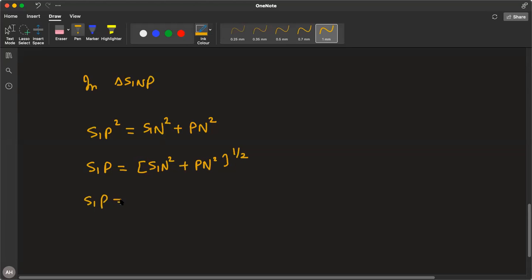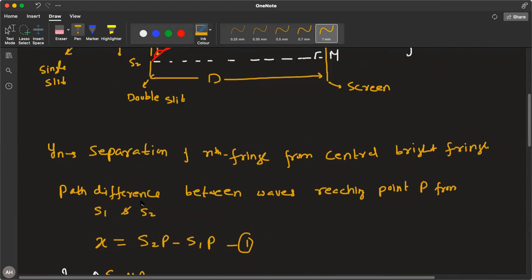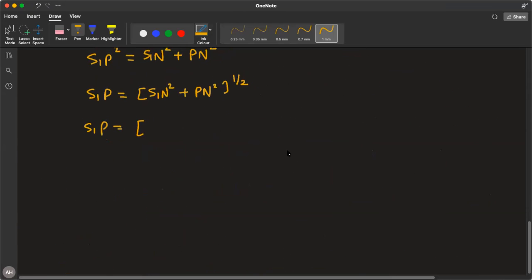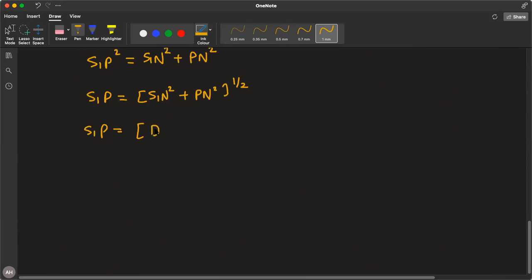Next, we can write their values. How much is S1N? S1N is D and PN is Yn minus d by 2. So it's (D square plus (Yn minus d by 2) whole square) to the power half.